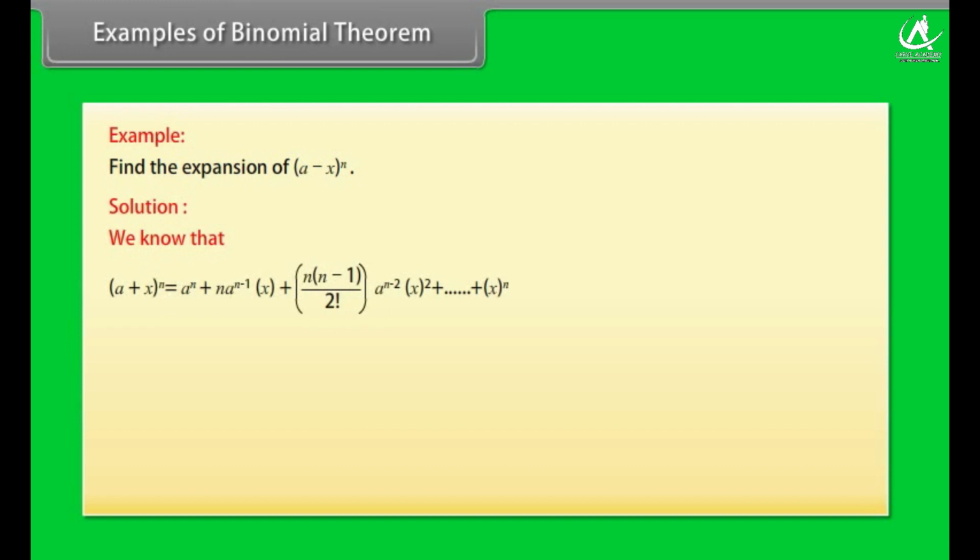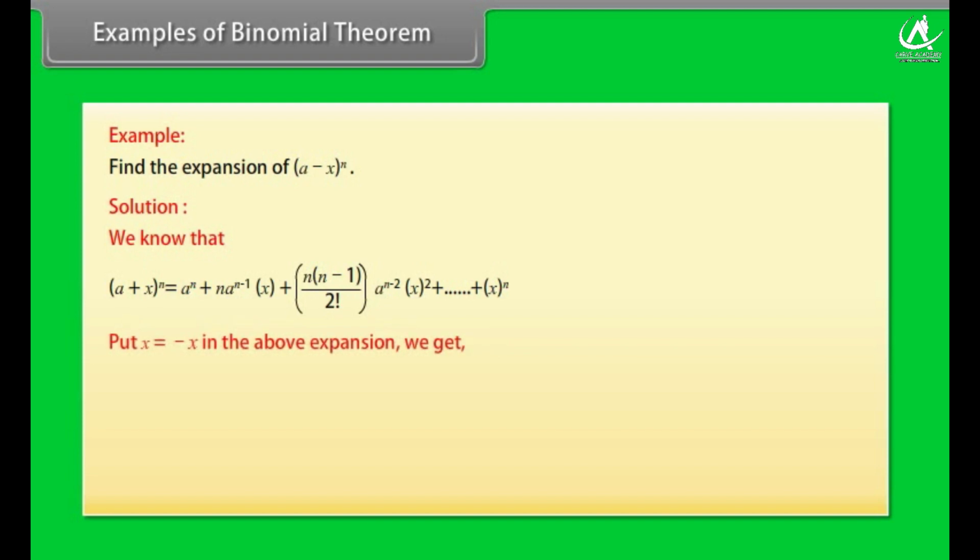Examples of binomial theorem. Example: find the expansion of (a - x)^n. Solution: we know that (a + x)^n = a^n + n a^(n-1) x + n(n-1)/2! a^(n-2) x^2 and so on up to x^n.